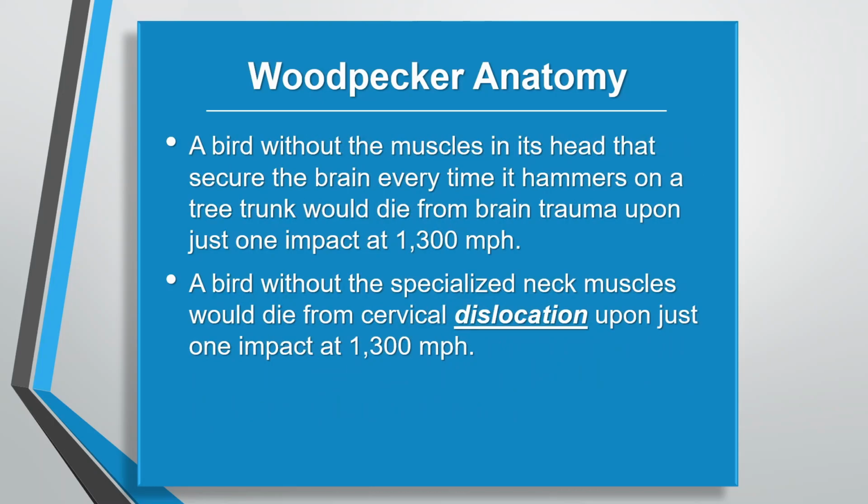A bird without the muscles in its head that secure the brain every time it hammers on a tree trunk would die from brain trauma upon just one impact at 1,300 miles per hour. A bird without the specialized neck muscles would die from cervical dislocation upon just one impact at 1,300 miles per hour.